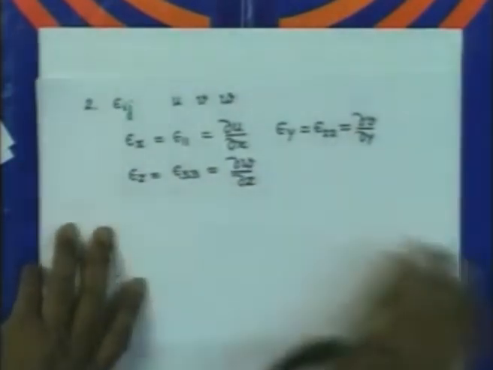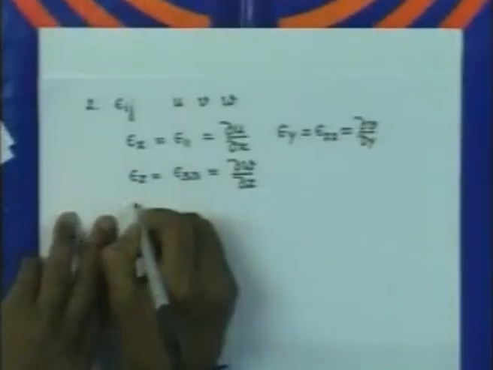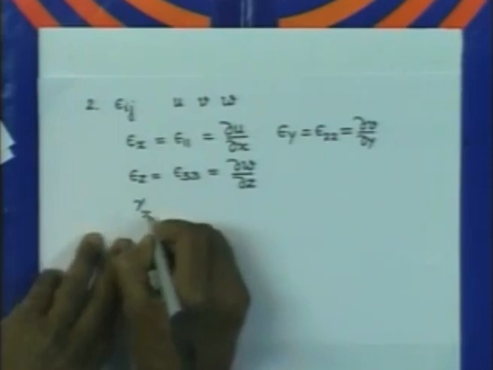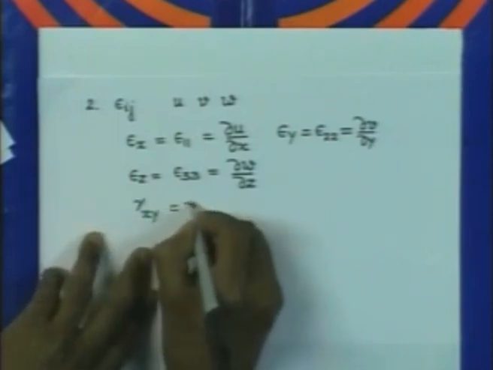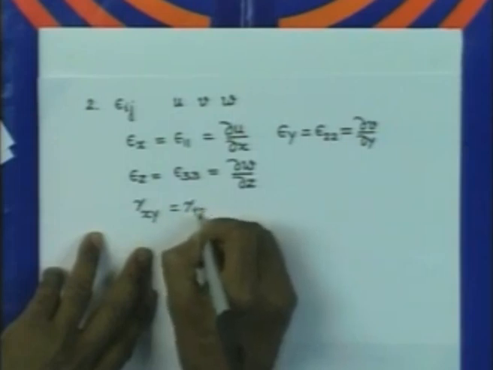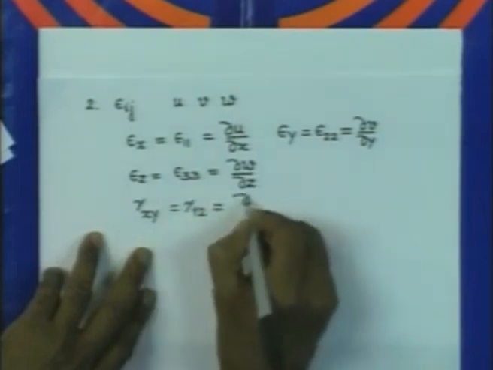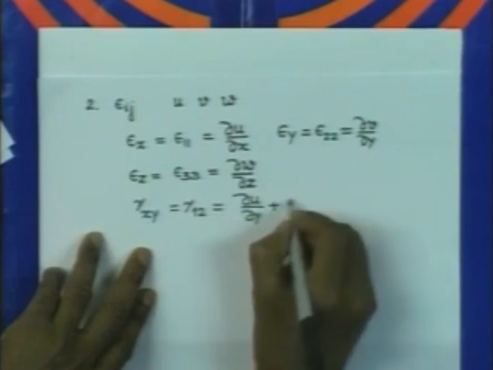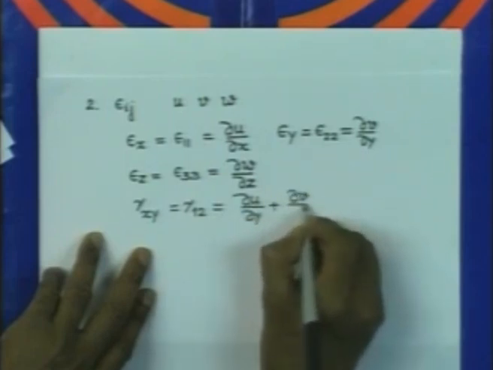Then we have seen the shear strains. Shear strain gamma xy, which is nothing but gamma 12, is given by delta u delta y plus delta v delta x.